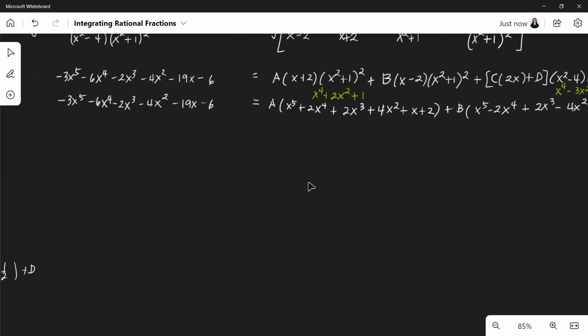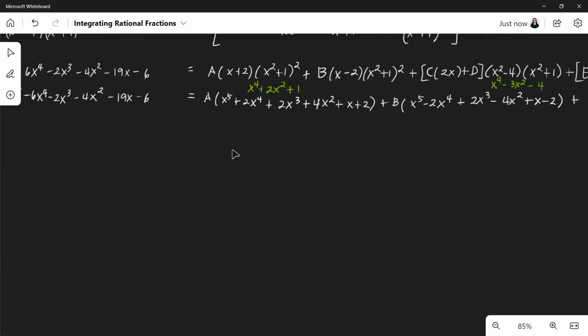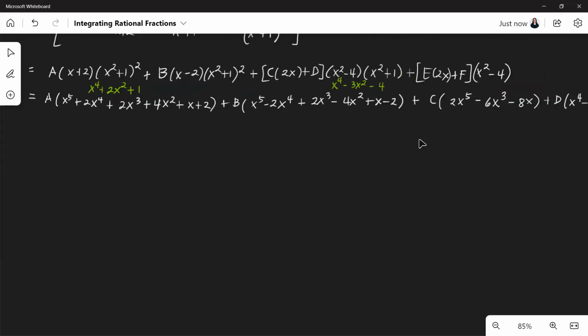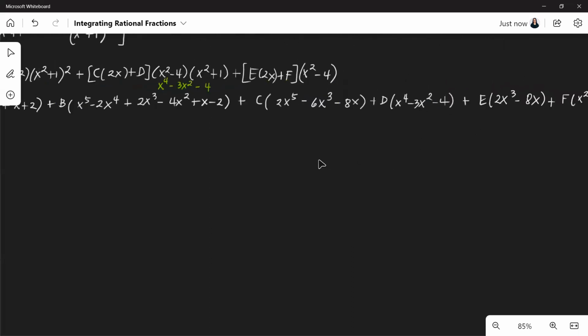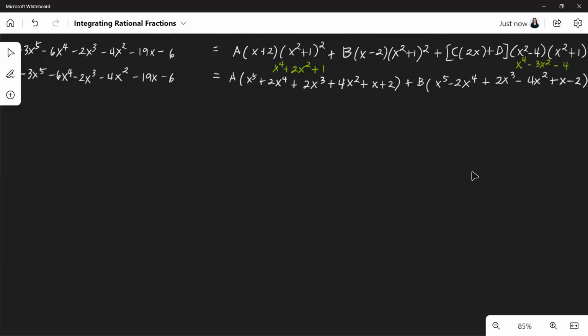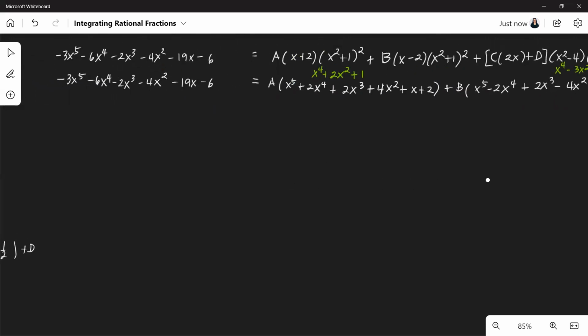Okay, so we equate now the coefficients. So starting off with what's the highest power here? We don't have a 6. It's only 5. So starting off with x raised to the power of 5. It has a negative 3 coefficient on the left side.